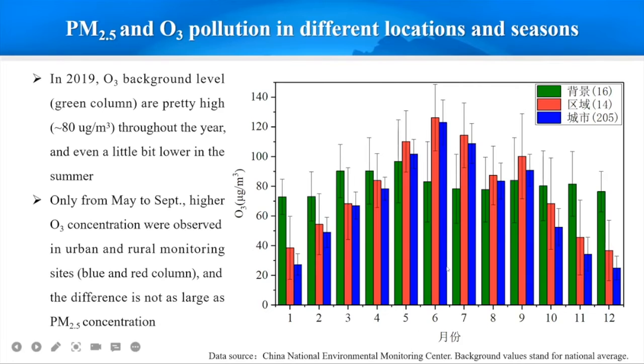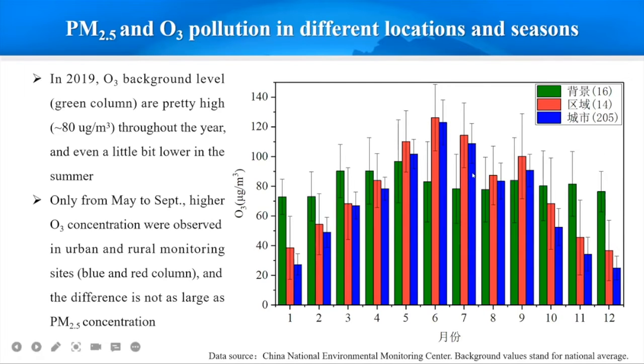We can see that only from May to September, which is called the warm season or the ozone season, higher ozone concentrations were observed at the urban monitoring sites, in the blue column, and also at the rural monitoring sites, which stands for regional ozone pollution.